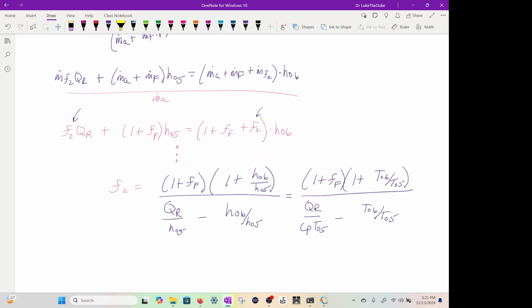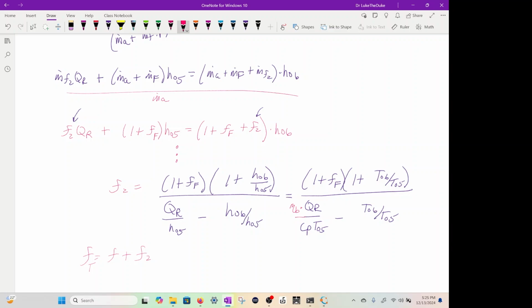And if you want, we can multiply this heating ratio by its burning efficiency, eta_b, if you want to include that. Once you find this F2, the total F is going to be the F from previous plus F2, which is then used in your engine performance equations.